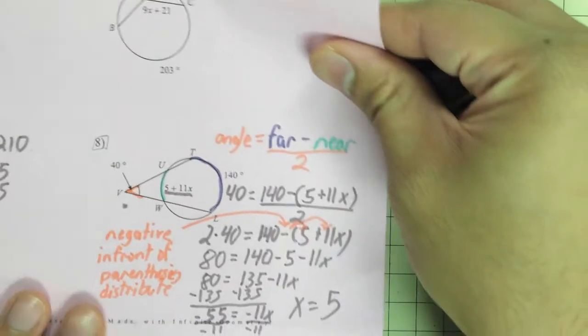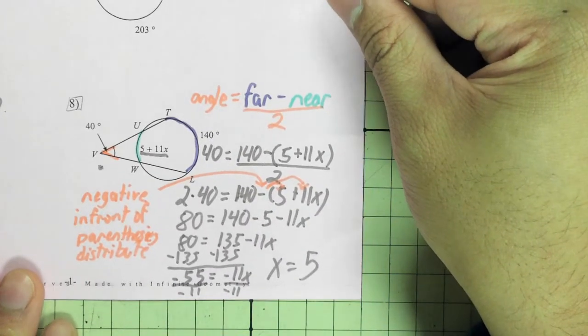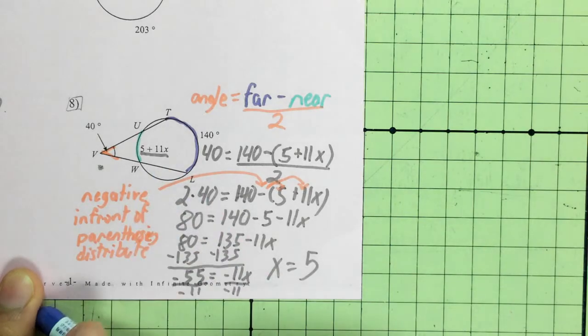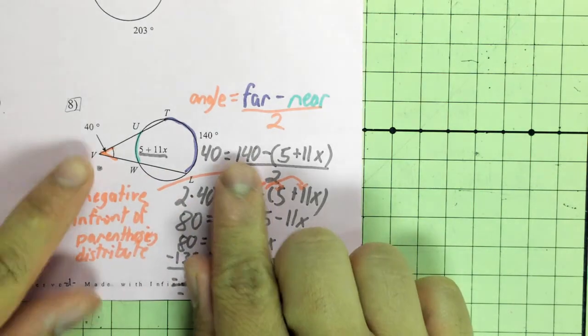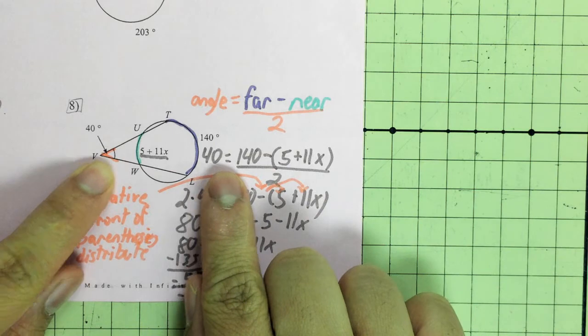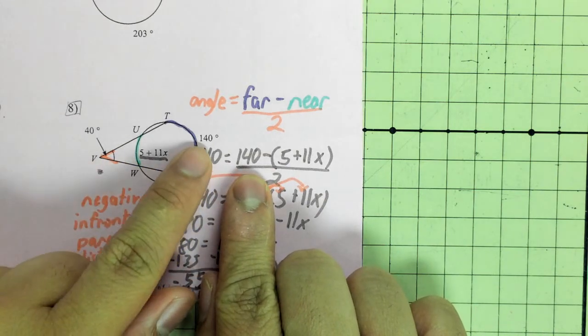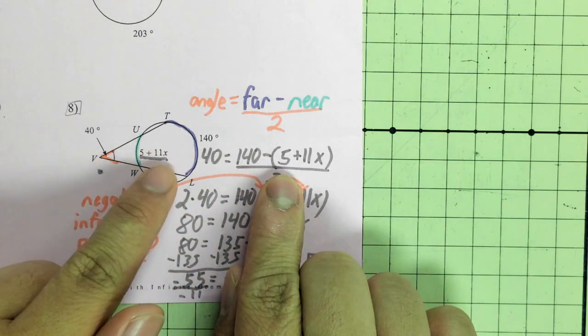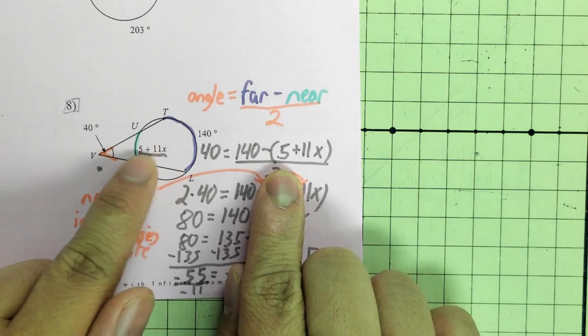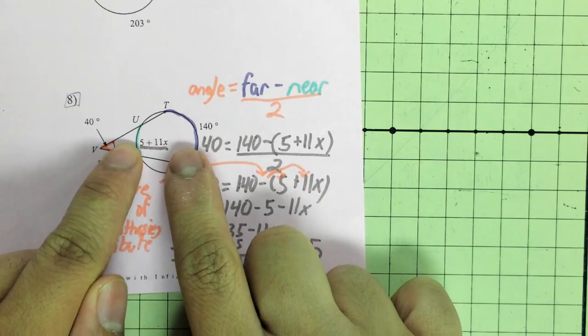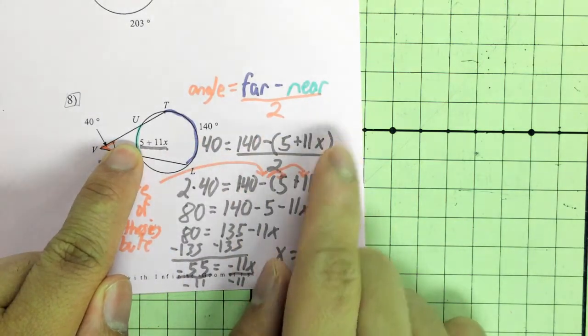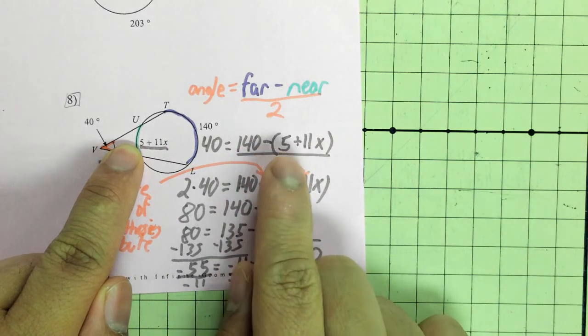Then, a few things to remember. Whenever your near arc has more than one thing in it, this entire near arc needs to go in parentheses because we are subtracting.